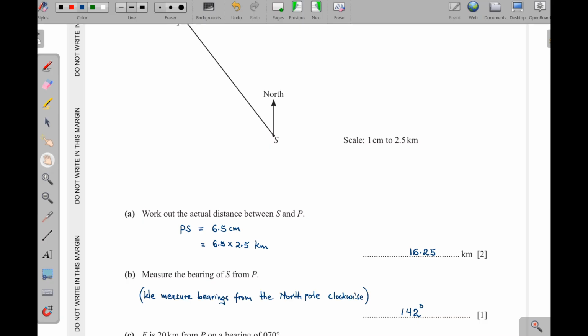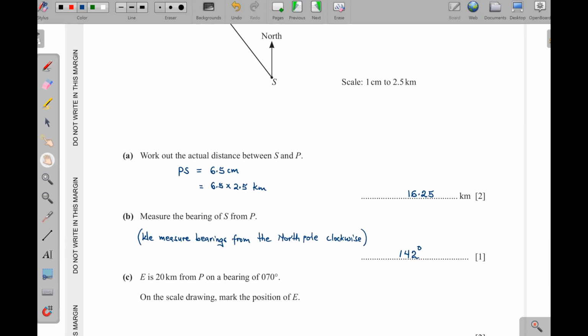Okay, then part C, E is 20 kilometers from P on a bearing of 070. So do you see here? The angle here is below 100, but instead of writing 70 degrees, they have written 070. So bearings, if they are below 100, because from 100, that is where we get the 3 digits, you begin by writing a what? A 0. Okay.